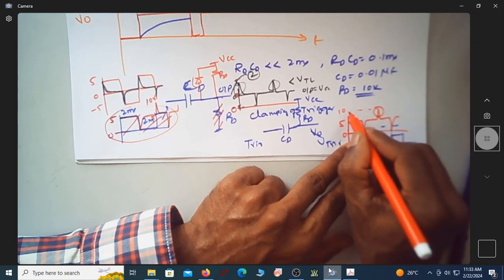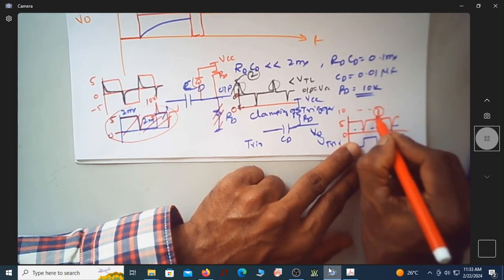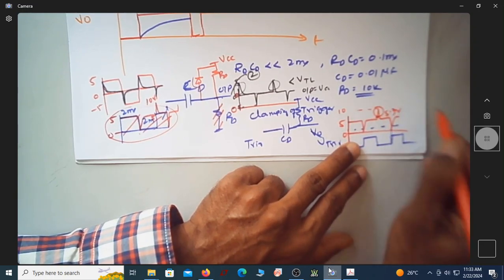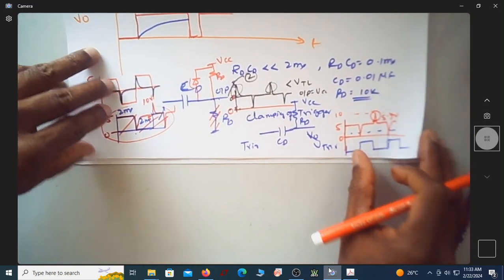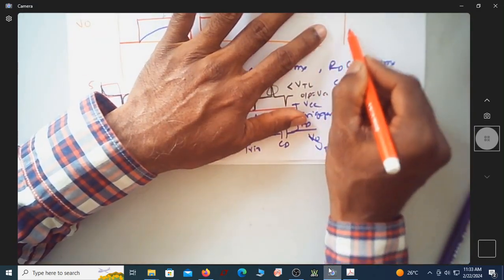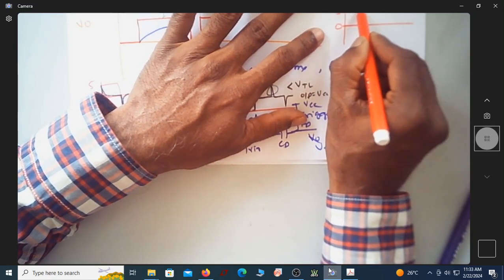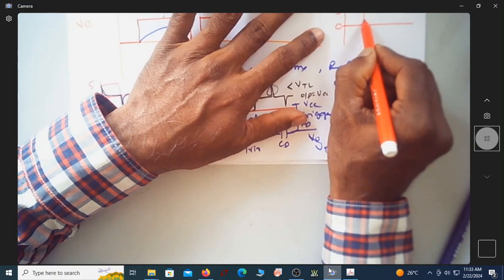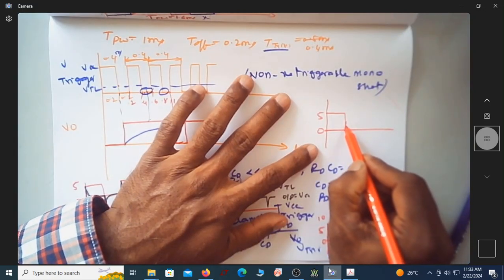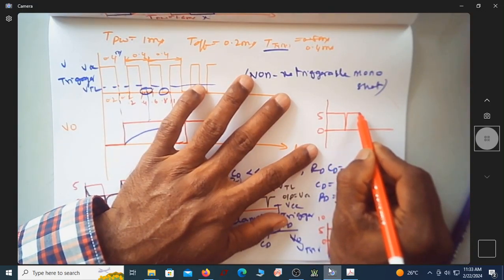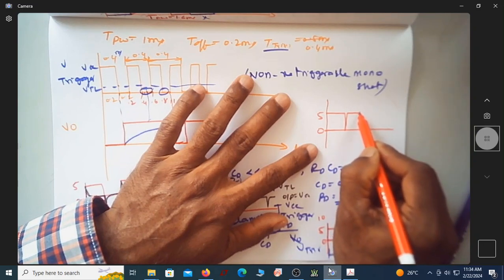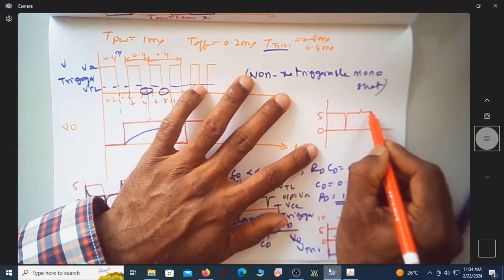So this will not be going up to 10, it will be going up to only 5.7 or 5.6 volts. So the waveform is, this is 0, this is 5, you will have a spike here, it will go up to 0, and then you can see over here, this is not going up to 10, it will go up to only 0.7 and then it goes here like this.